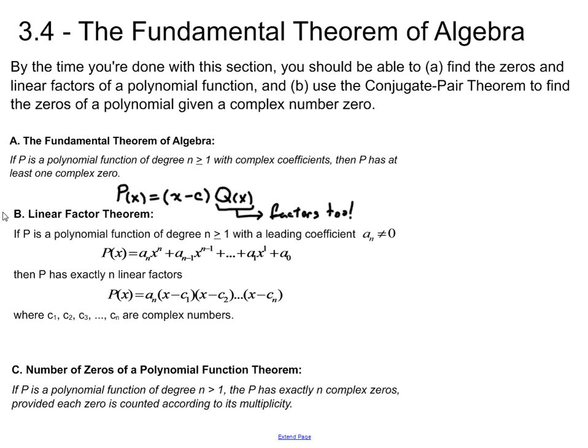What does it say? It says, okay, the linear factor theorem says if p of x is a polynomial function of degree n greater than 1, so this is just like our last one, with a leading coefficient a sub n that is not equal to 0, then p has exactly n linear factors. Well, think about what's happening right here. If q of x factors, that means q of x might have another factor that we can reduce out, right?